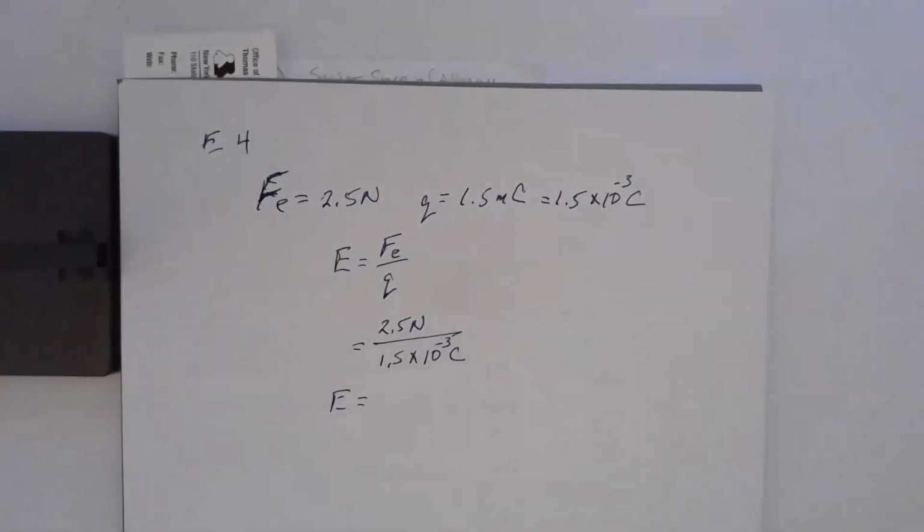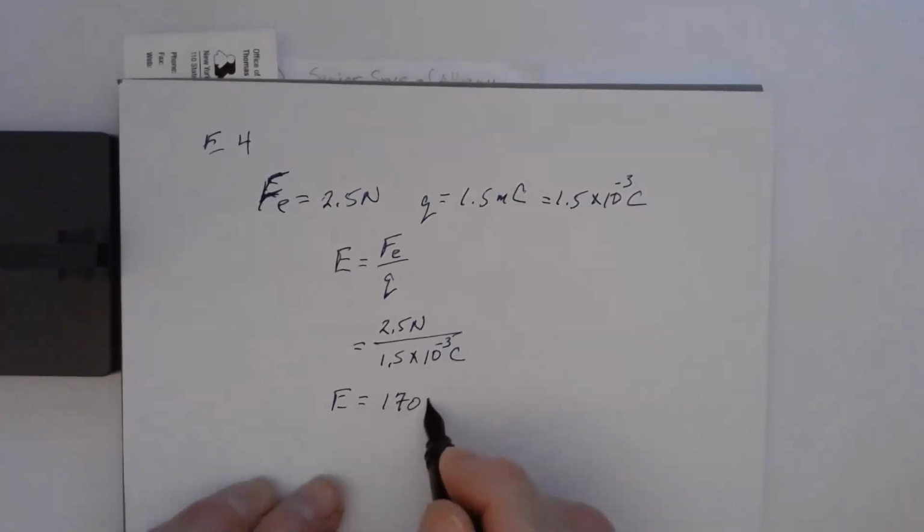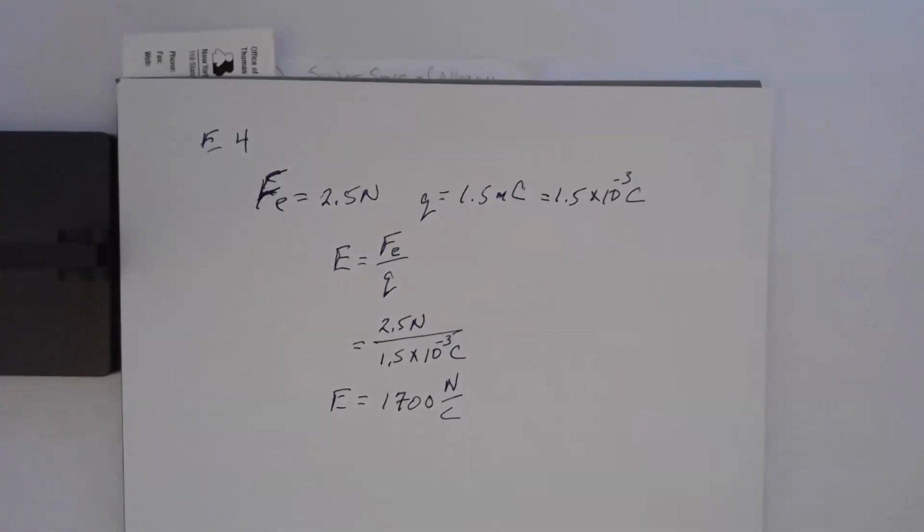So the field at this point is 2.5 divided by 1.5 times 10 to the negative 3, and you end up with two significant figures, 1,700 newtons per coulomb. Now that's working around this formula, some examples. Now let's go back to the slides, just a couple more things.